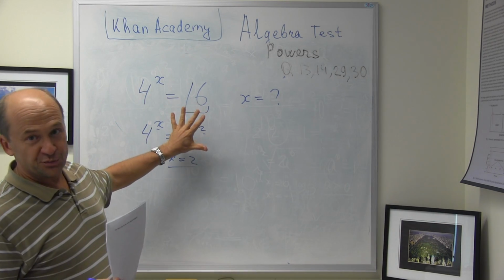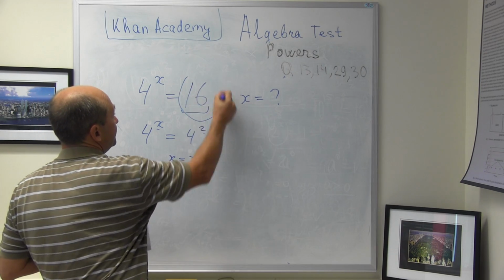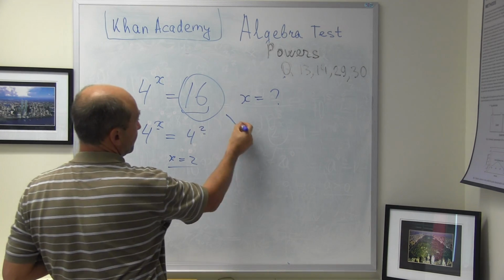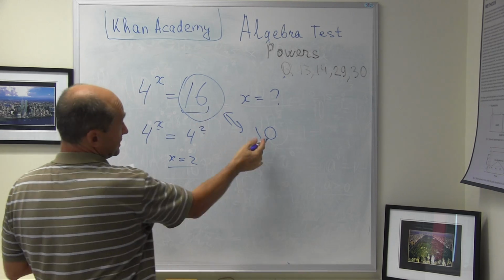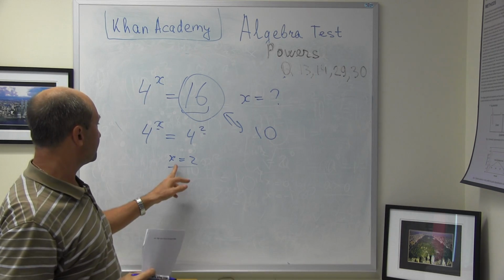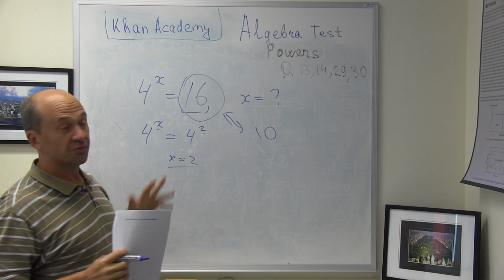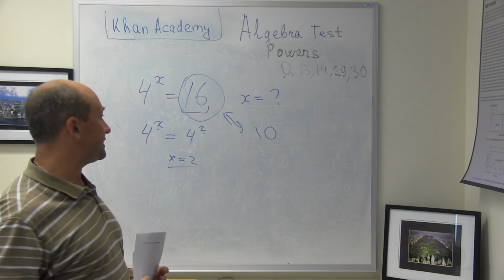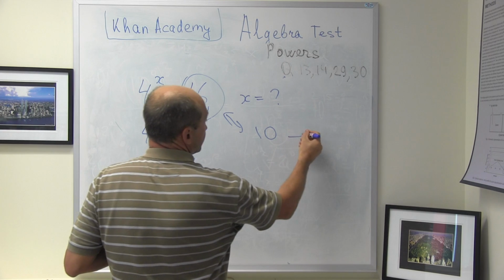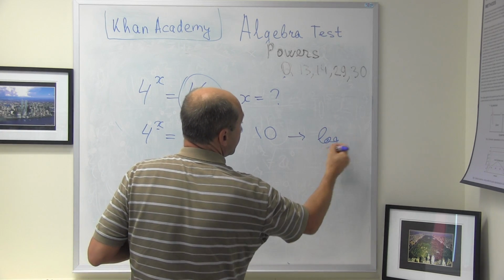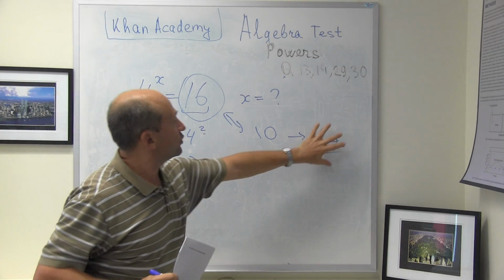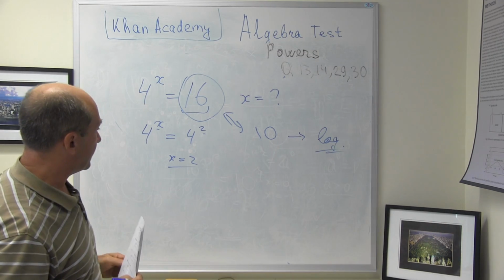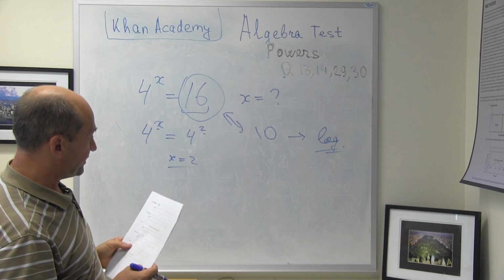Now that could be handled pretty simply because you have a simple number here. But think what to do if this number is replaced by 10, for example, which is not a simple power of 4. How do we proceed here? We proceed using logs, which will be the next tutorial. So we'll go to logs in the next little video.